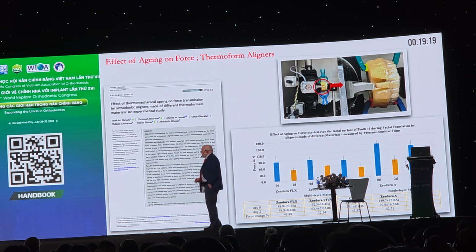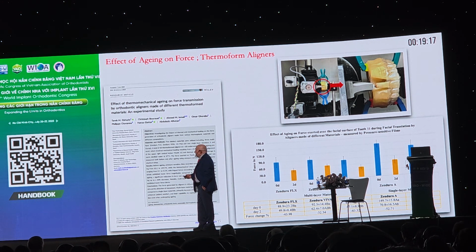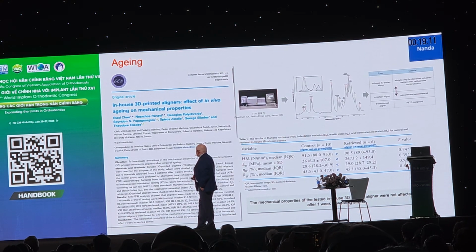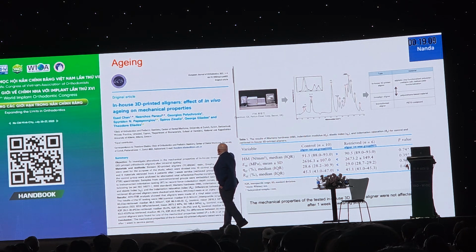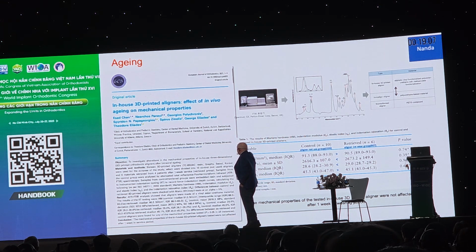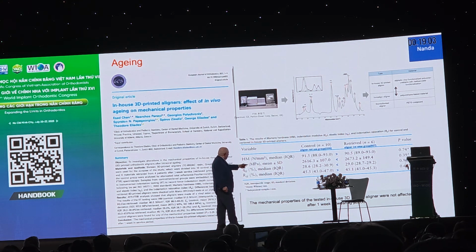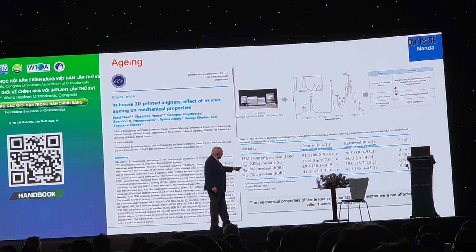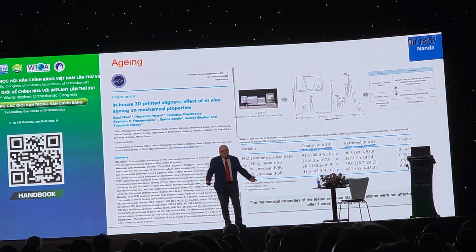It shows you the type of research going on with individual tooth movements. In-house 3D printed aligners, effect of in vivo aging on mechanical properties: the mechanical properties of the tested in-house 3D printed aligners were not affected even after 1 week of wearing period.